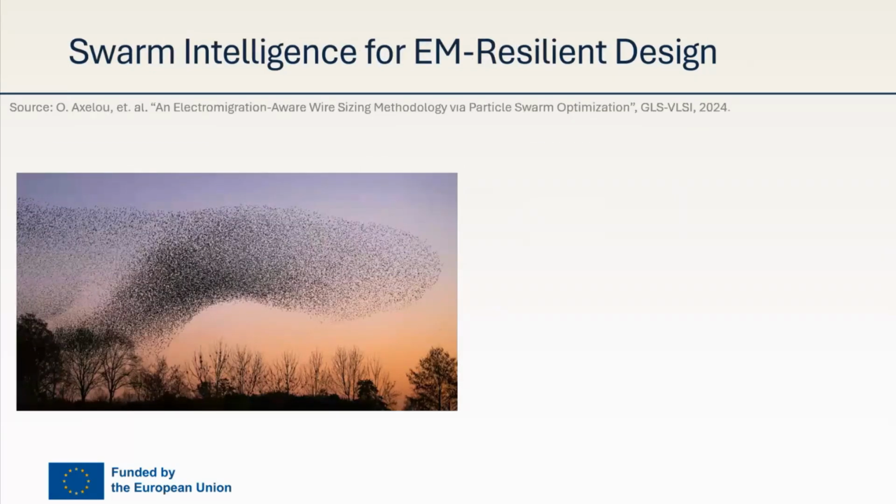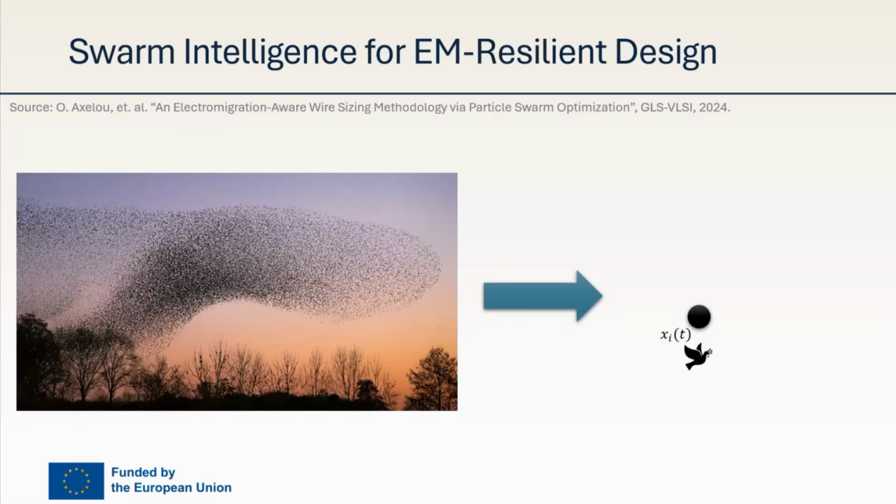Here is, of course, where computational intelligence comes in. And in particular, a promising approach is particle swarm optimization. PSO is inspired by the collective behavior of biological swarms, like bird flocks or fish schools. And what exactly is its mechanism is that each particle represents a possible design solution.